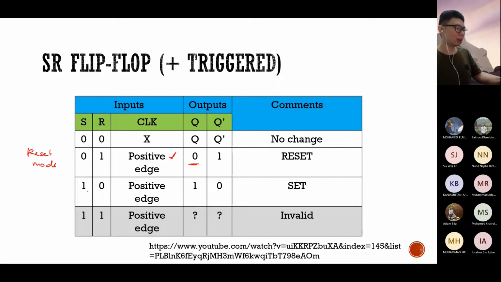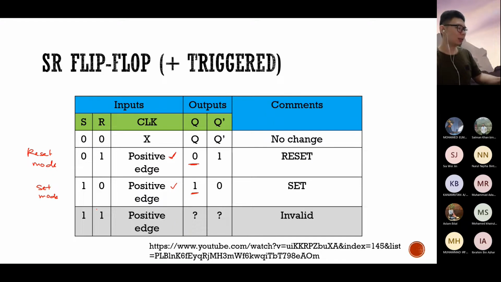The next one we have is 1, 0. 1, 0, on the other hand, puts your flip-flop into a set mode. This one has a trigger, so set mode makes your Q become 1.